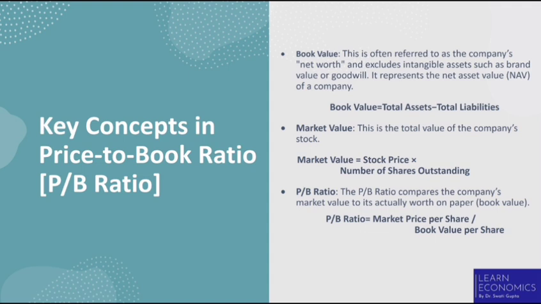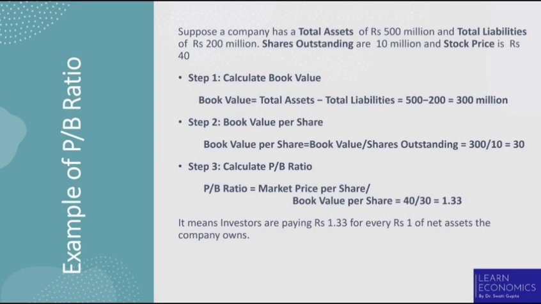If PB ratio is more than 1, it means investors are paying more than the company's net worth. This may indicate optimism about the company's growth, strong intangible assets like brand value, or it may indicate that the stock is overvalued. We will try to understand PB ratio through an example.